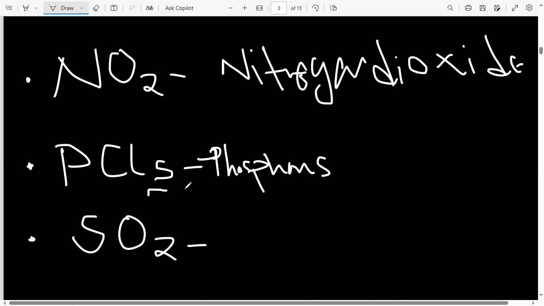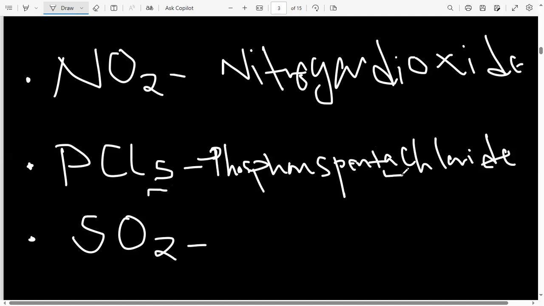So we are going to say phosphorus pentachloride. Penta and then chloride. So notice that here we've not dropped this A. Why have we not dropped this A? Because this next name here does not start with a vowel. If there was a vowel here, we would have dropped this A. So that's phosphorus pentachloride.